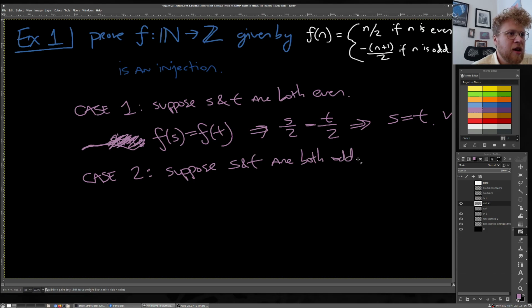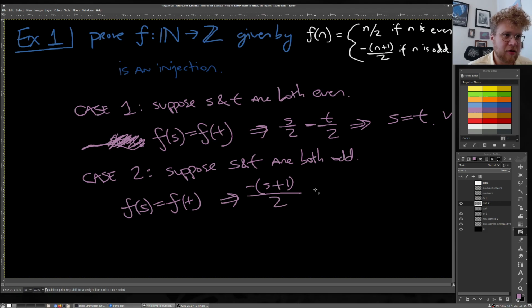suppose they're both odd. And again, this would imply that here's the unambiguous thing that happens, using our value of s for their input here.